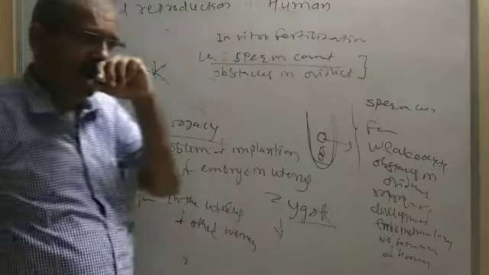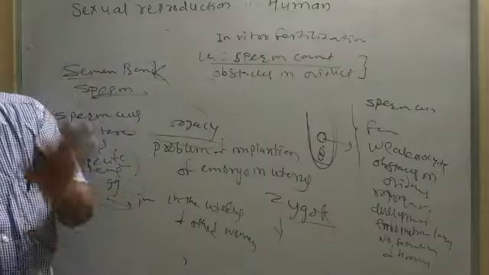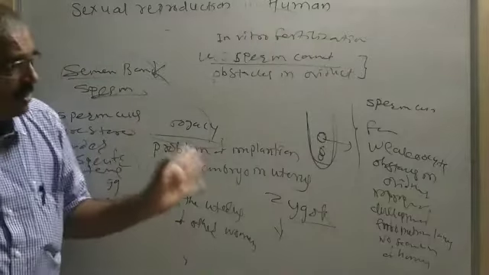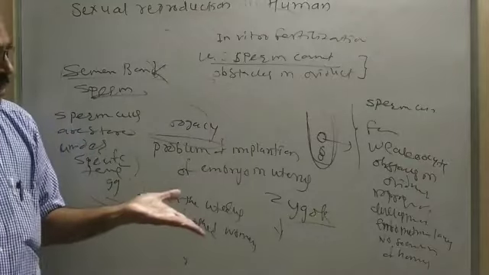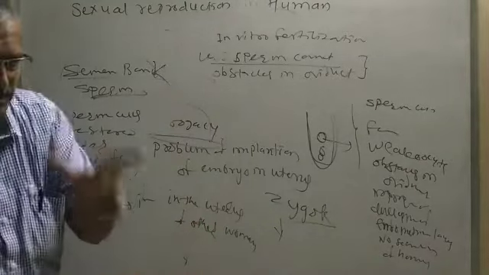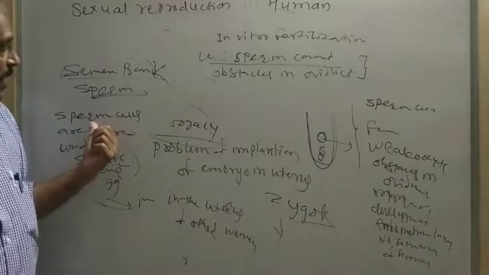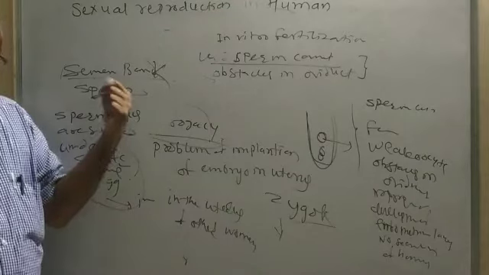And as per requirement, on the consent of the woman or of a couple who are unable to reproduce, with their consent, sperm cells are collected from the sperm bank.